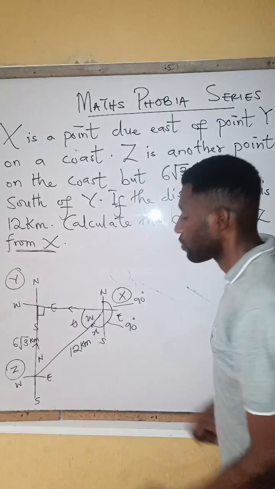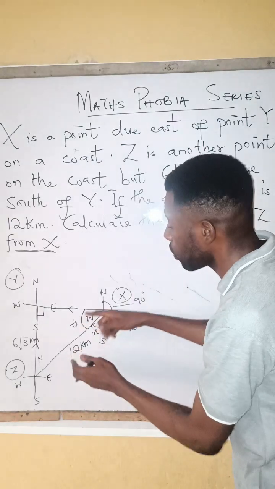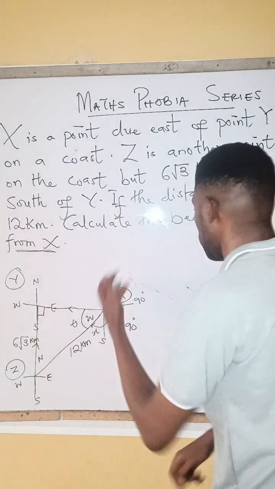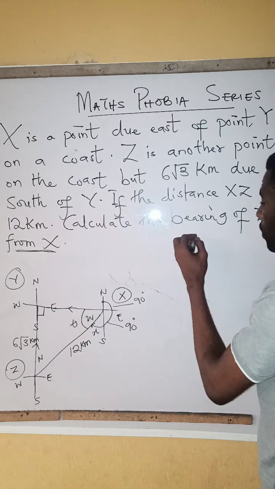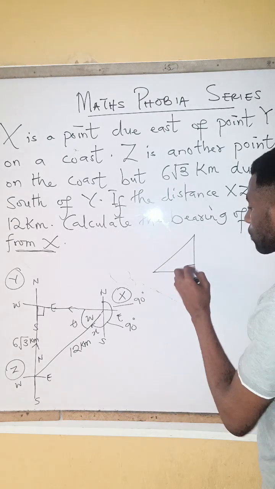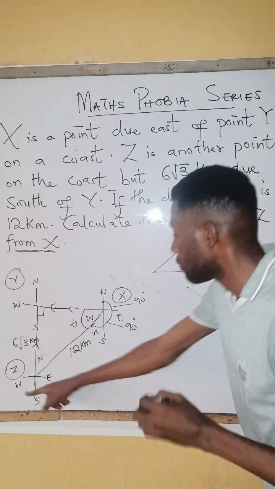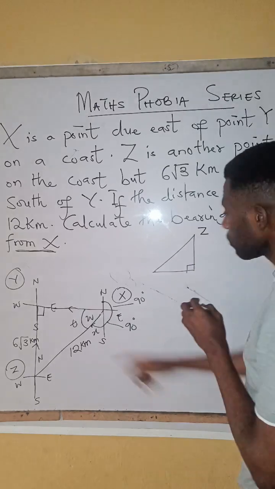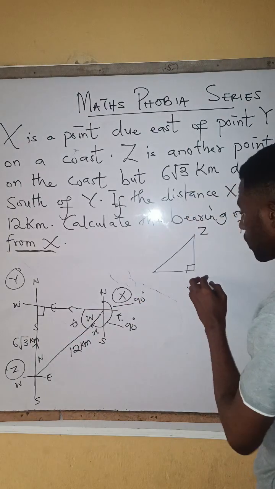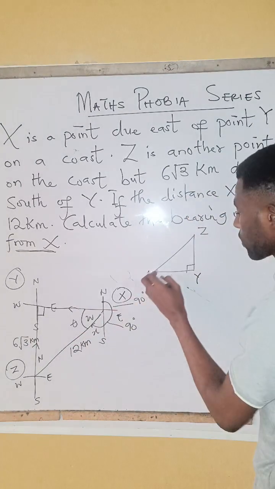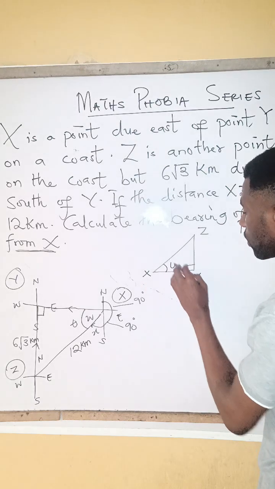Let's call it theta. If I turn this triangle the other way around, I'm going to have something like this. My Z is here, my Y is here, and my X is here, and this is my theta.